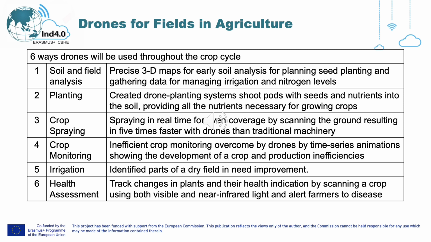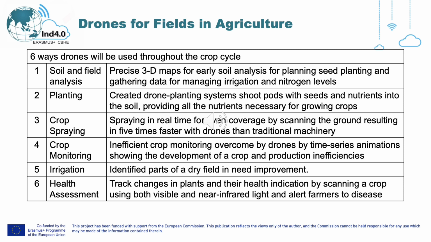Number 3, relating to crop spraying, drones can scan the ground, spraying in real time for even coverage. The result is that aerial spraying is 5 times faster with drones than traditional machinery. Number 4, crop monitoring. Inefficient crop monitoring is a huge obstacle. With drones, time series animations can show the development of a crop and reveal production inefficiencies, enabling better management.